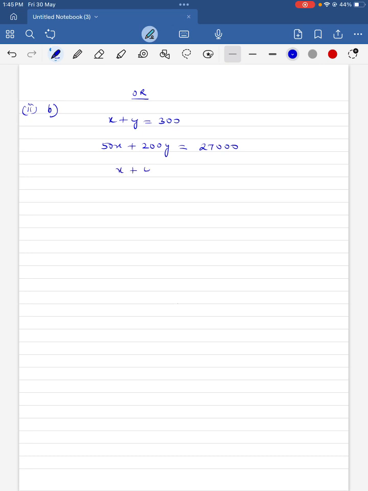So I'll get x plus 4y as equal to 540. Okay, so this was my first equation and this is my second equation. Now let's use the elimination method and solve it and find the number of chairs and tables that it can rent for 27,000 rupees. So this is x plus y equal to 300 and x plus 4y is equal to 540.